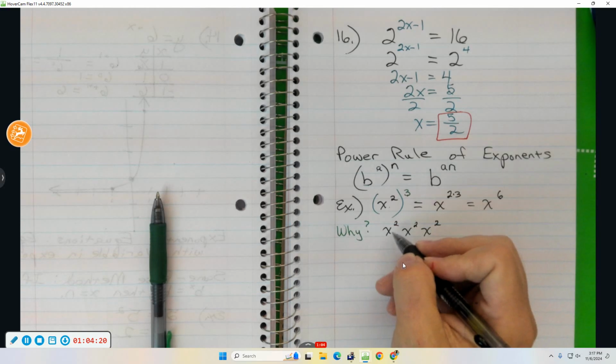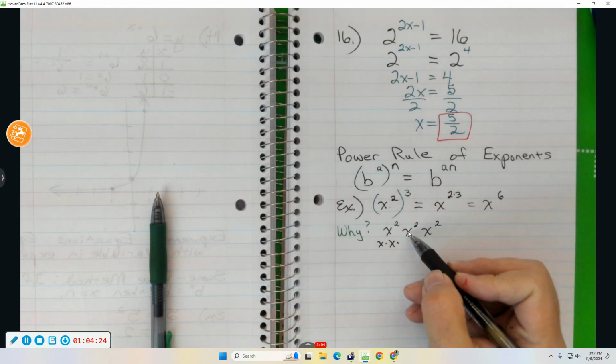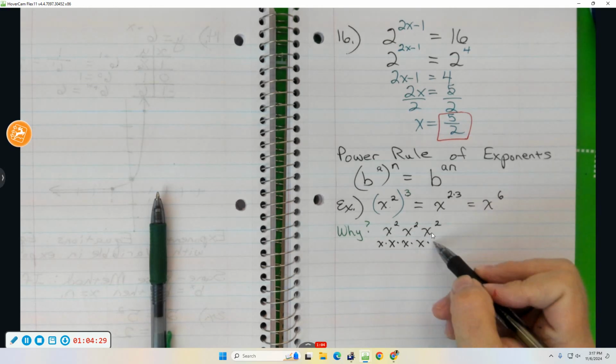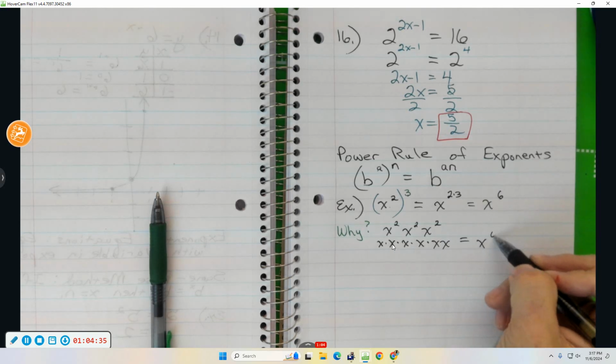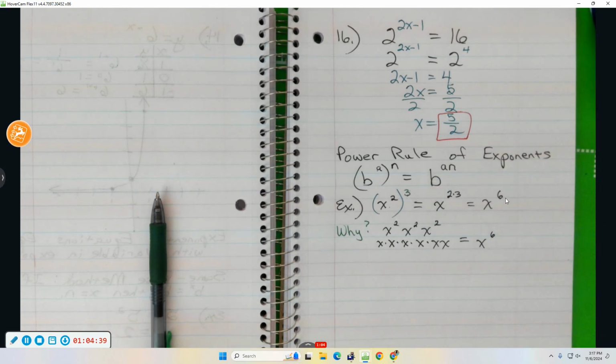X times x. So x squared is x times x, times another x squared, x times x, times 2 more x's. How many total x's is that? 6, so x to the 6th. A power raised to a power, you multiply to get a single power. So this rule is just a shortcut so you don't have to do this and count every time.